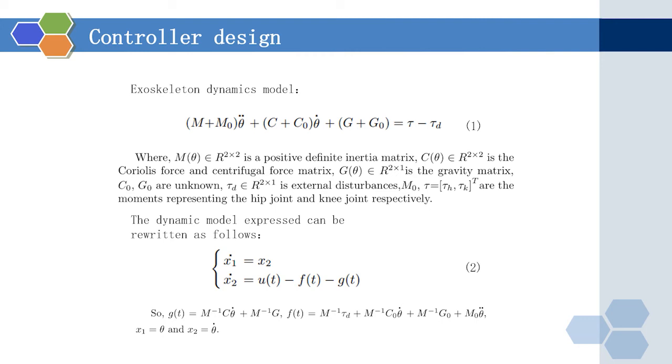This paper uses the Lagrange method to establish the exoskeleton dynamic model as shown. The M, C, and G are known, but the M0, C0, and G0 are unknown.